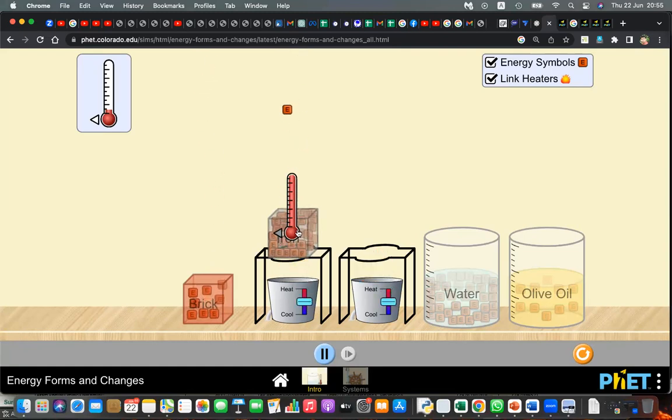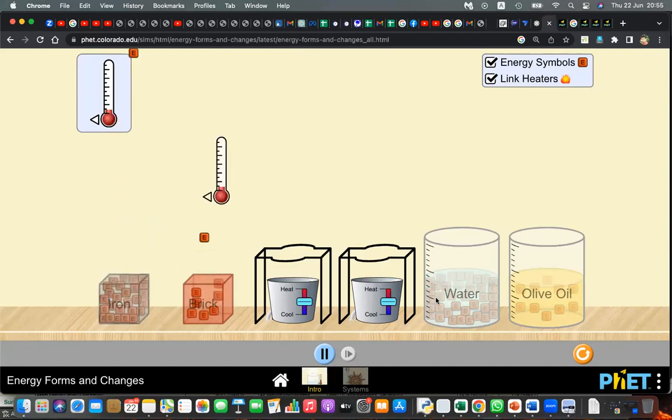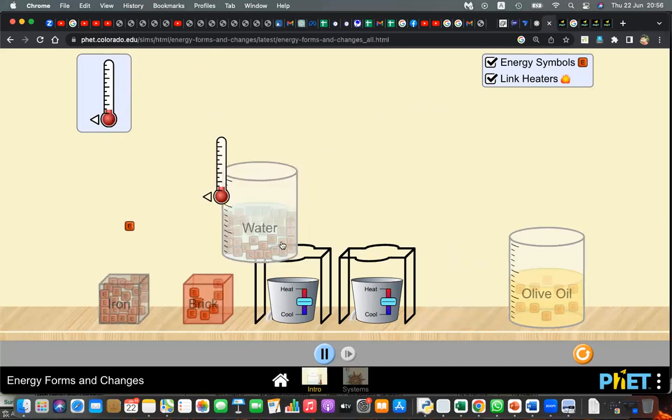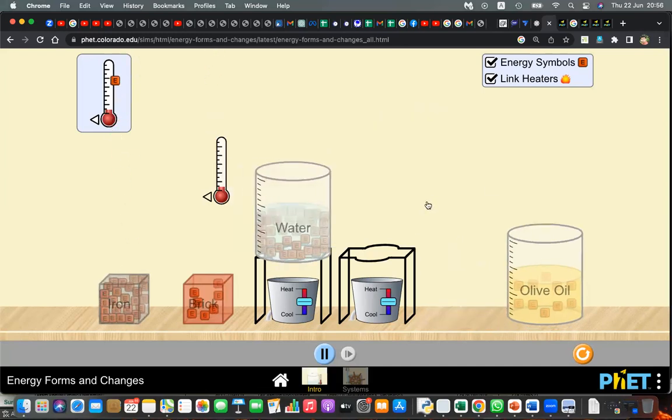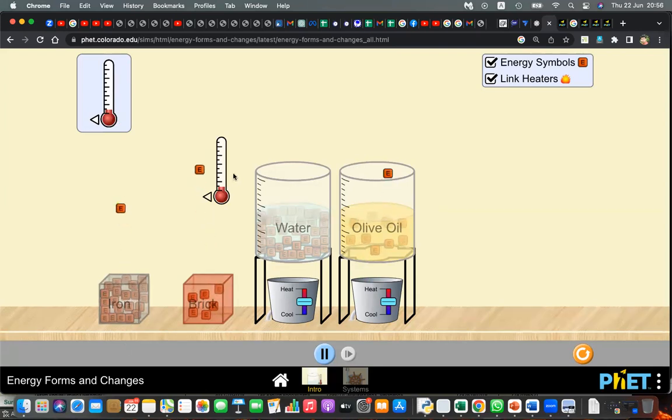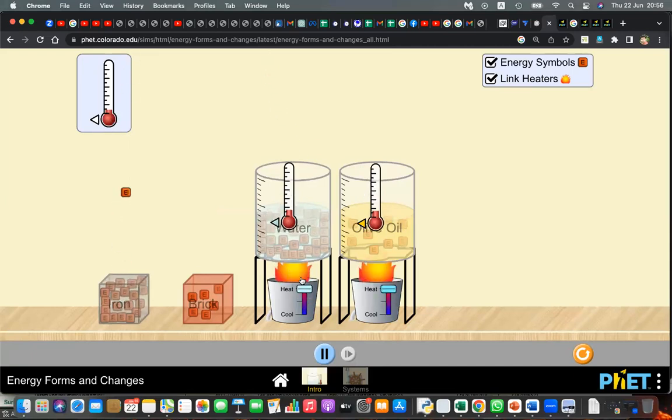If you want to compare them together, you can put this water into one, and then olive oil into another one, then link the heaters. You can put something like a test here. You can put another one here and see the temperature. I'm going to make it easy.